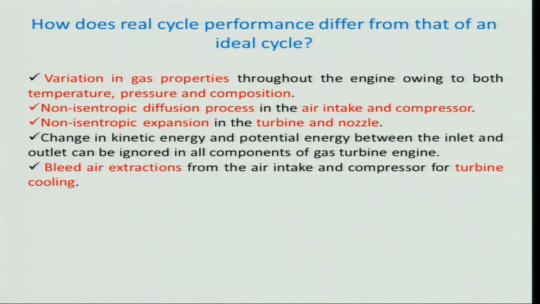There is another one which I will not be discussing, but you can note that bleed air extraction from the air intake and compressor is used for turbine cooling, because we need to cool the turbine. It is basically this air which will be causing problems in your air intake and compressor. You will just transfer this problem.